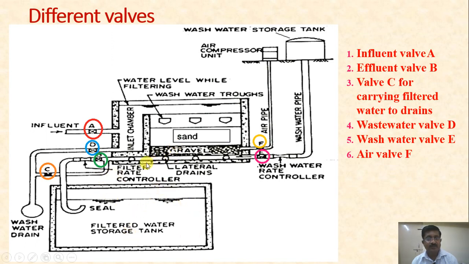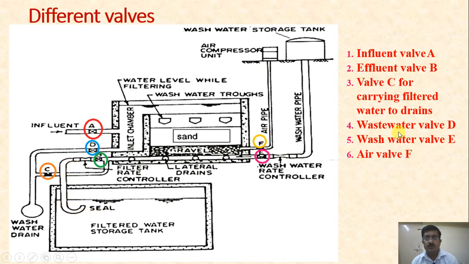For some time, the filtered water after the backwashing is released through valve C to the wash water drain, so that proper filtration takes place. Then, once the water is clear, we can change the valve positions: close valve C and open valve B, and the water will be taken there.